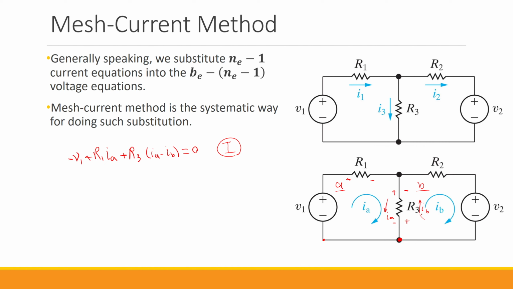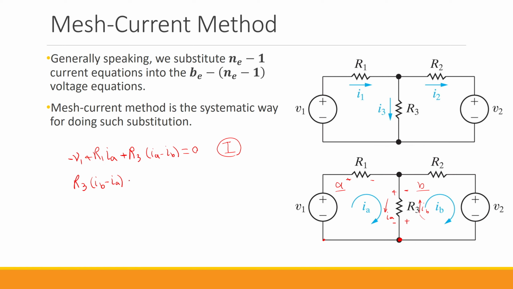So in the direction of IB, what is the net current that goes through R3? The answer to that is going to be IB minus IA, because they go in opposite directions. So we have R3 multiplied by IB minus IA.